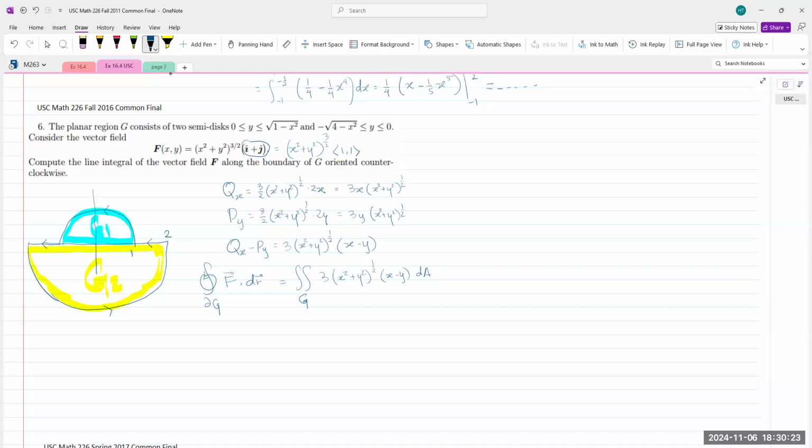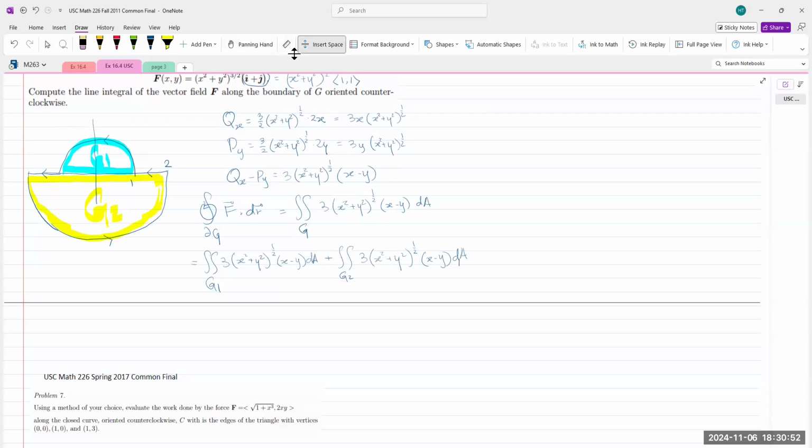Okay, so this is equal to the double integral over G1 of 3 x squared plus y squared to the power of 1/2 times x minus y dA plus the double integral over G2 of the same.